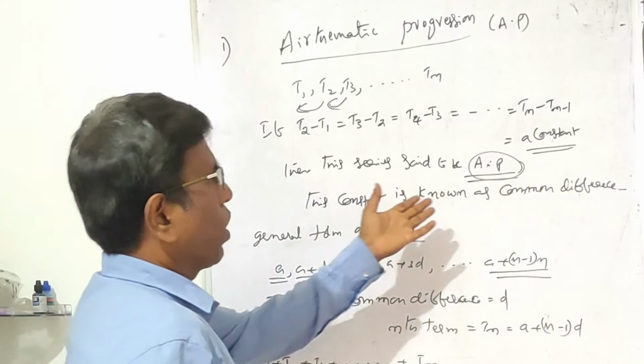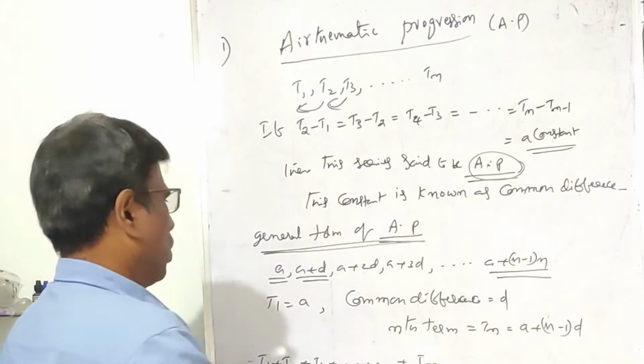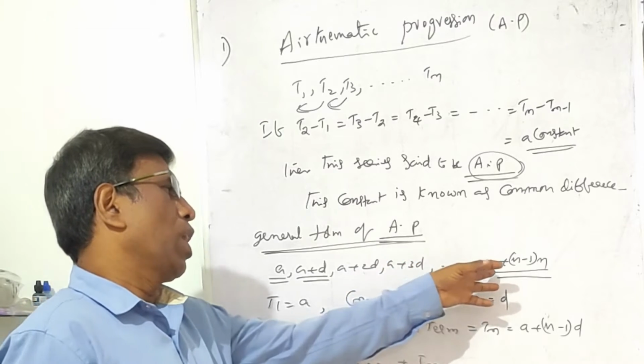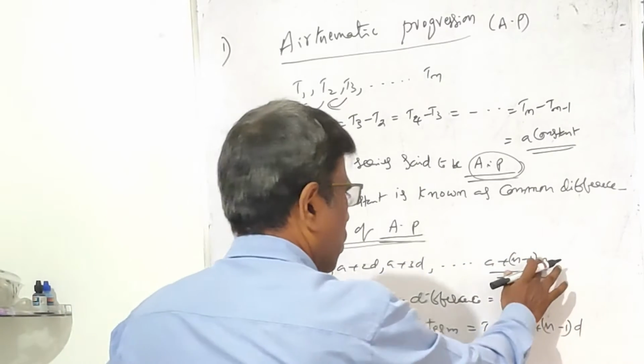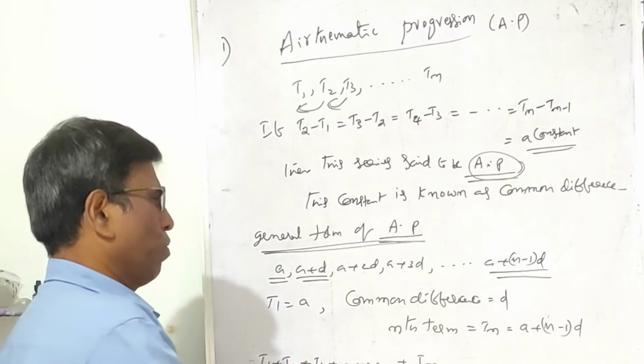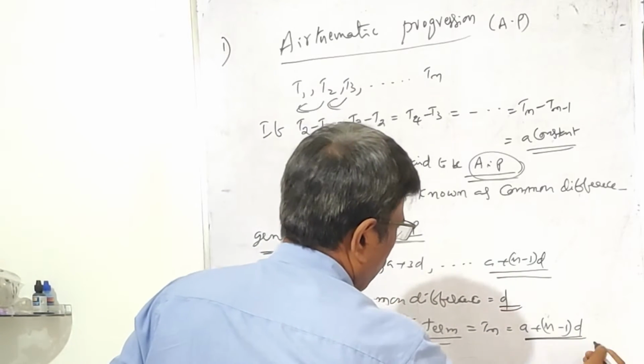This constant is known as the common difference. The general form is A, A plus D, A plus 2D, A plus 3D, and so on, A plus (n minus 1) into D. T1 is A, the first term, with common difference D. So the nth term is A plus (n minus 1) into D.